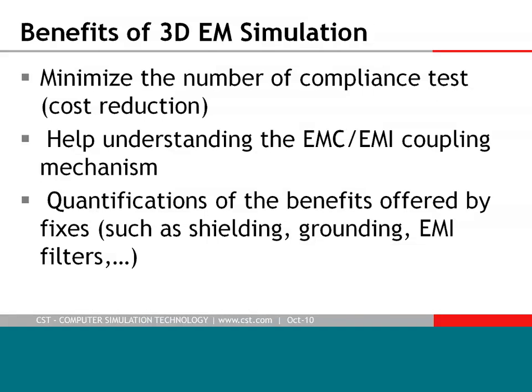But what you can really estimate with electromagnetic simulation tools is that if you apply a fix, so you have understood your problem, you have understood your coupling mechanism, and you apply a fix, you shield the cables, you put some EMI filters and so on, you will get some benefits. This kind of benefit can be easily estimated by such a tool.